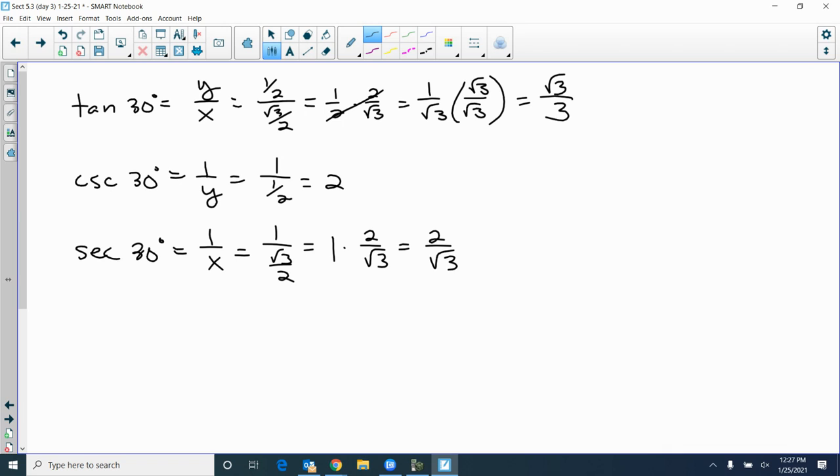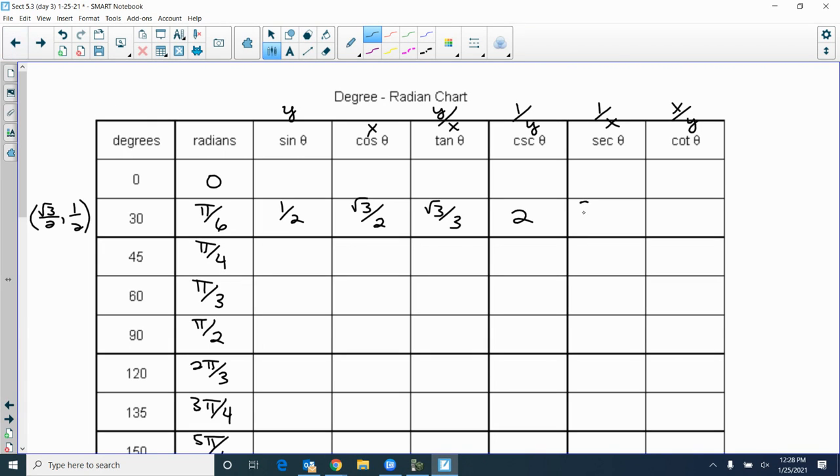I'm not done. You got to rationalize the denominator. Multiply by radical 3 over radical 3. So you get 2 radical 3/3.